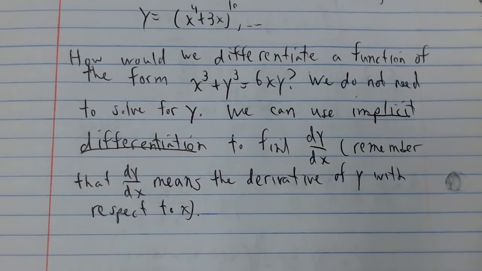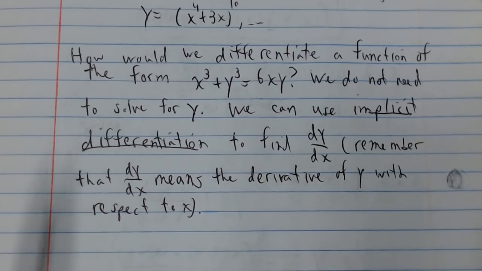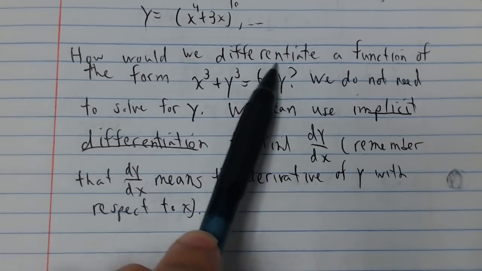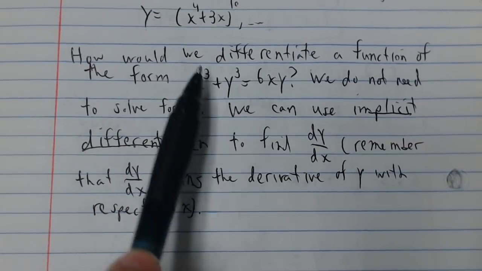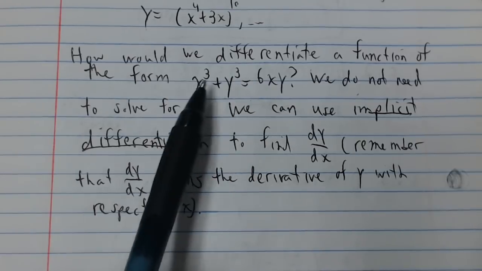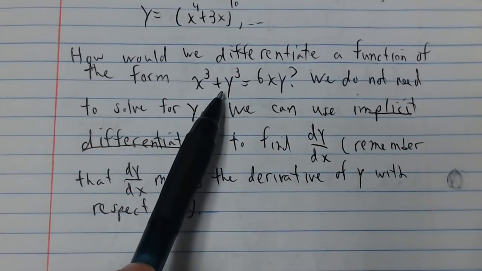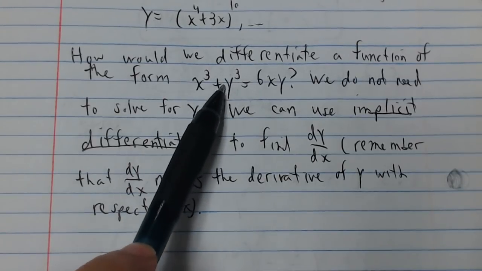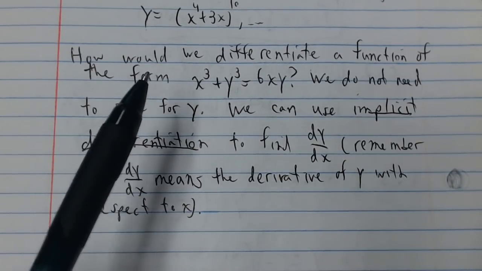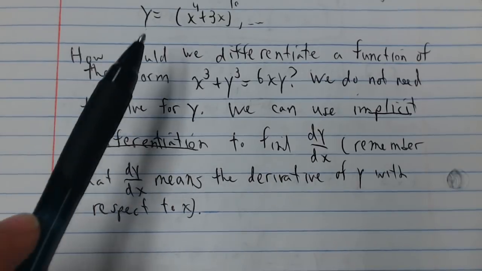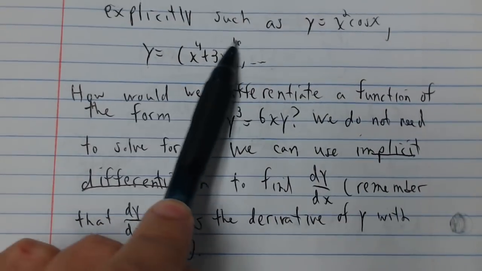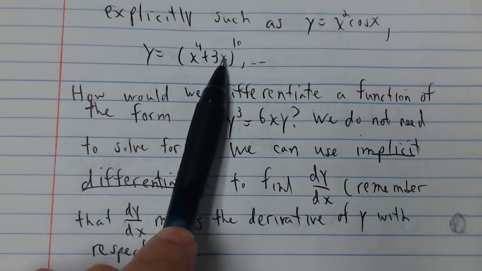Okay, so what this means is, and one other thing I want to comment on, let's come back up here. If we look at this, notice how we can't solve for y. So what is y? The thing is, we don't know what y is. In fact, y is some function in terms of x. I don't know what it is because we can't solve for it. Like in the earlier examples, y we've defined in terms of x.